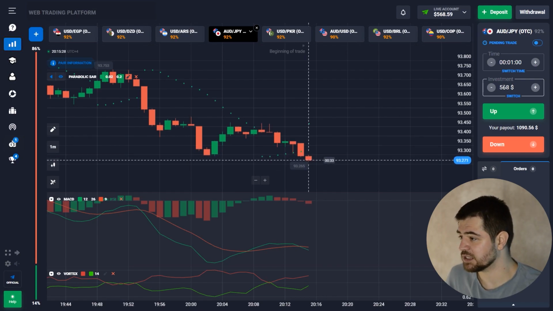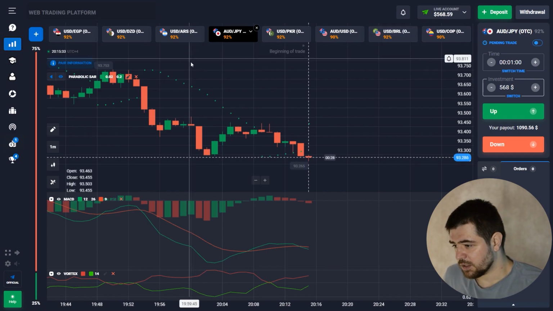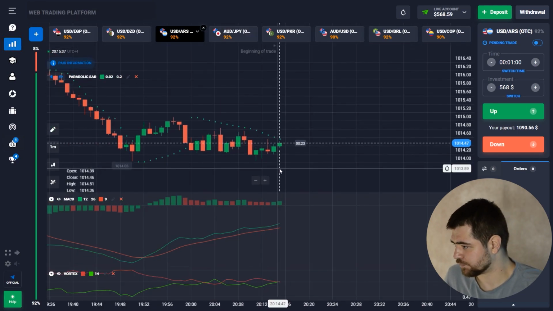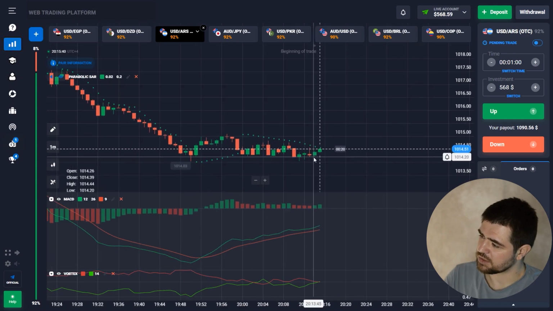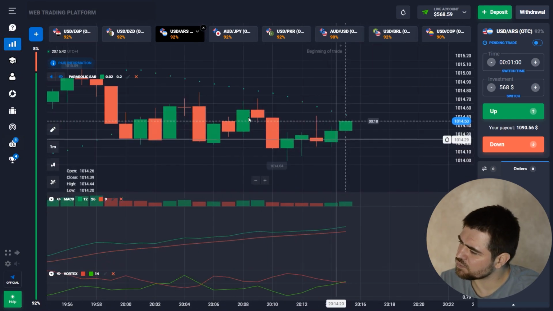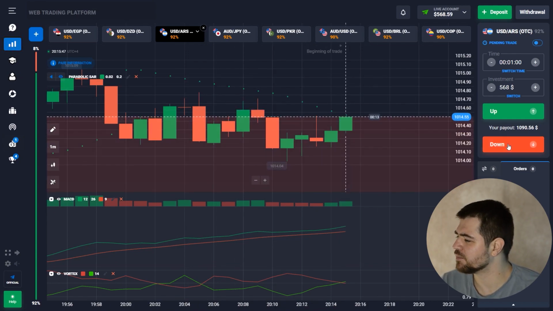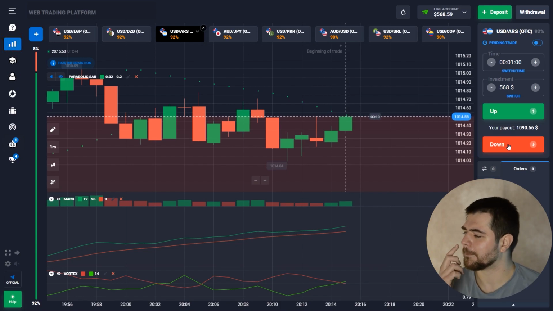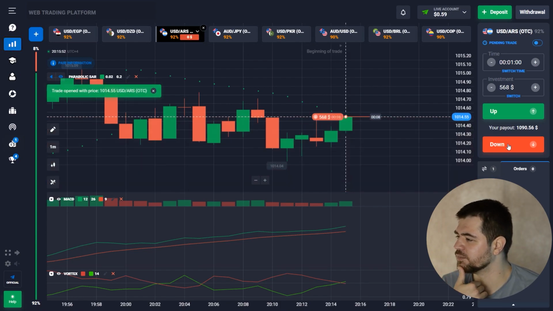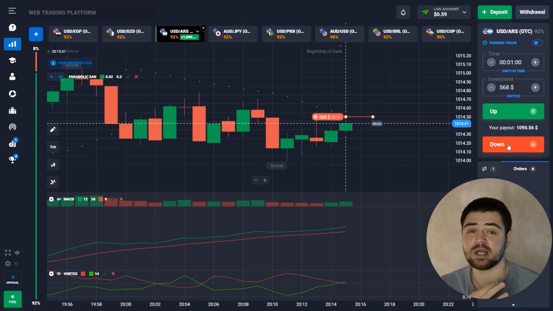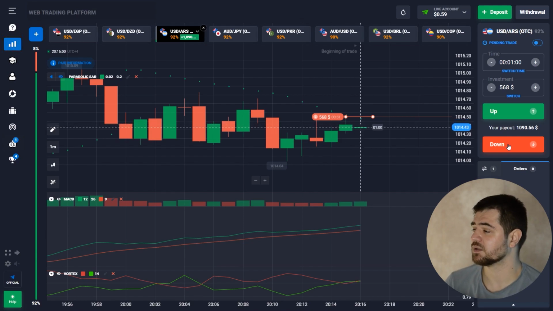Let's have a look. Okay, what's happening here? There's a flat market really, but let's try to work from the resistance level. So we go into short and try out the SAR.